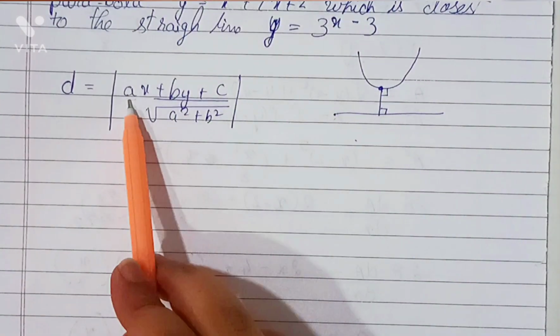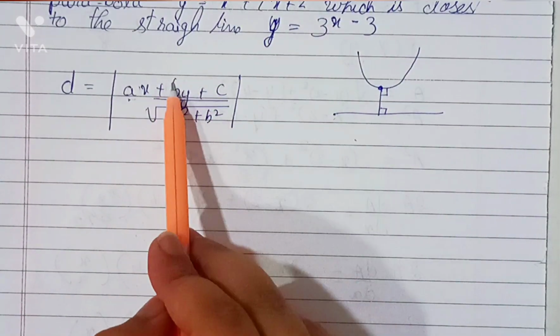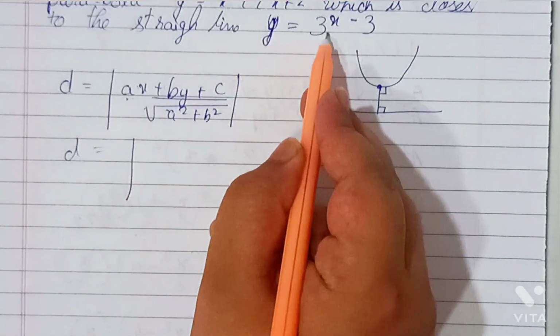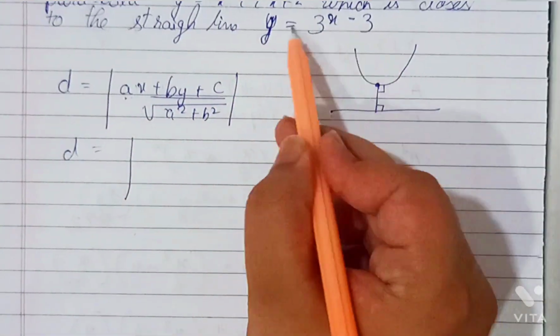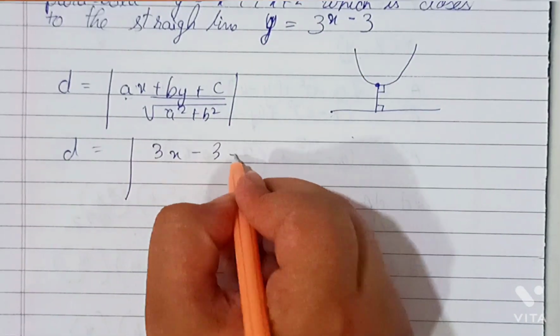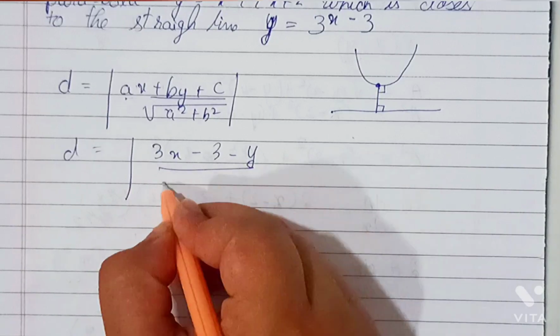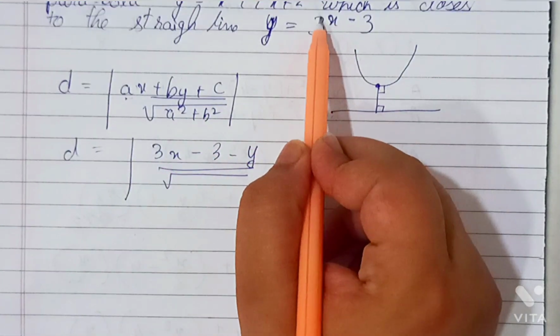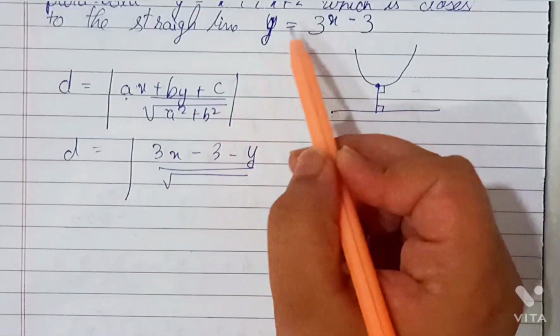So now we'll put the equation, which is equation of line we'll put. Okay, D is equals to, our equation of line is 3x minus 3. I'll take y over here, so minus y. So 3x minus 3 minus y upon a square means coefficient of x, and b square means coefficient of y.